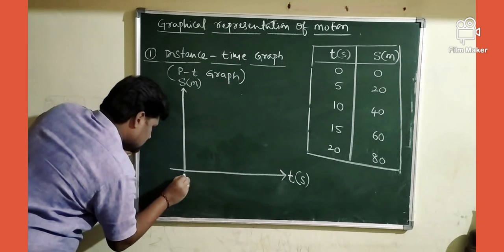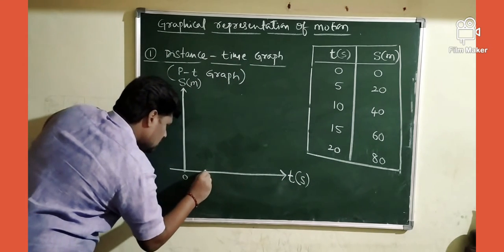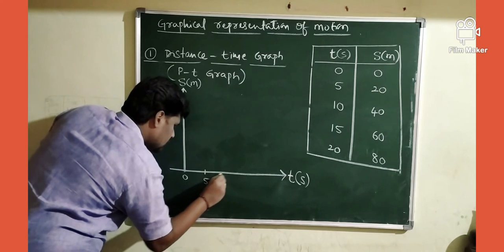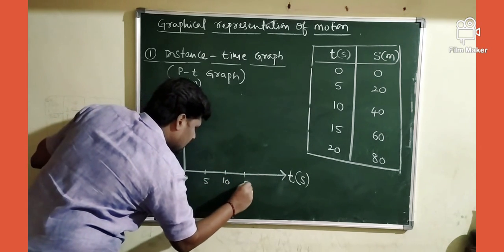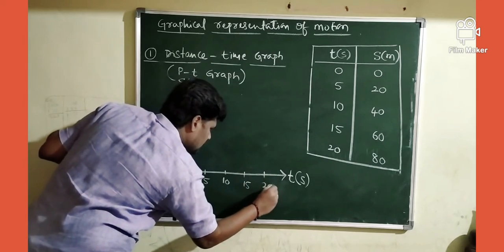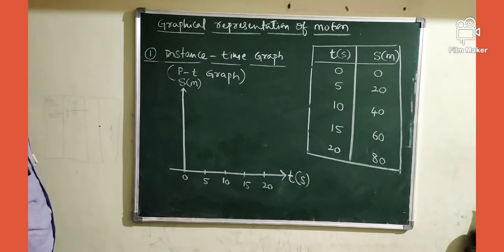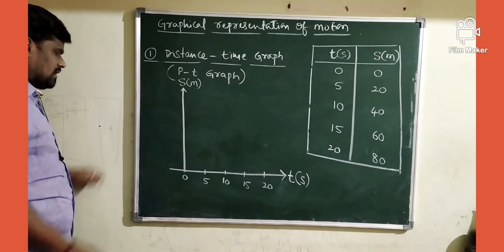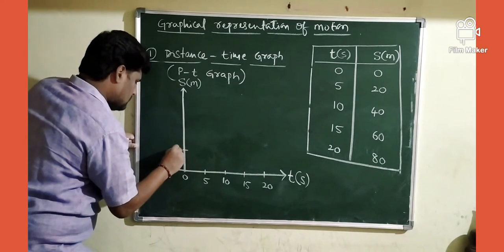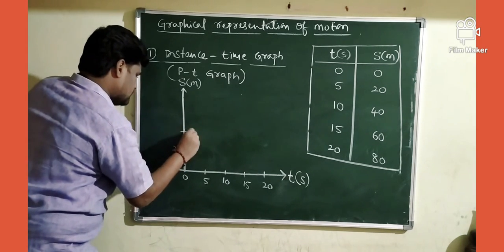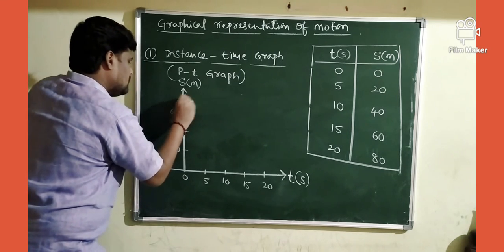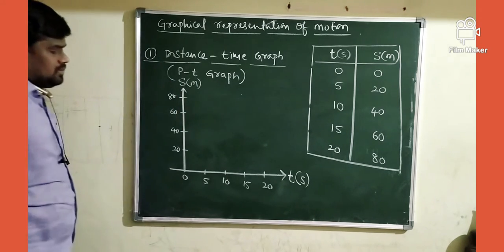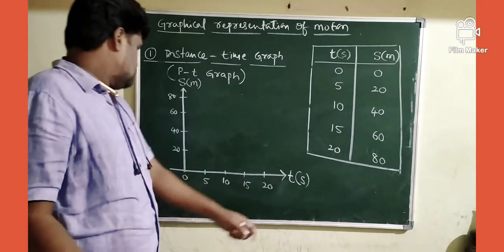First is 0, then 5, 10, 15, and 20. Distance travelled along the y-axis: 20, next 40, next 60, next 80. Now plot the graph.